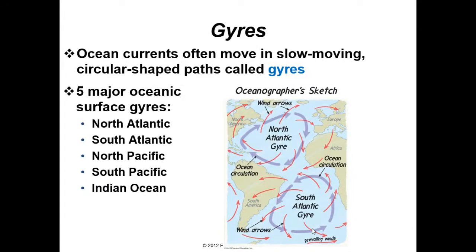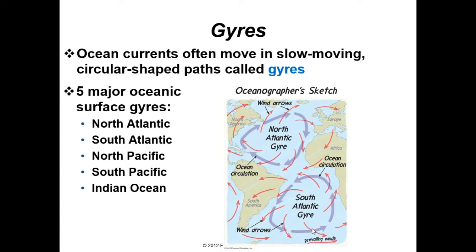Now in the oceans, there are 5 major features called gyres. You're going to see this same concept come up again when we talk about meteorology as it applies to air.